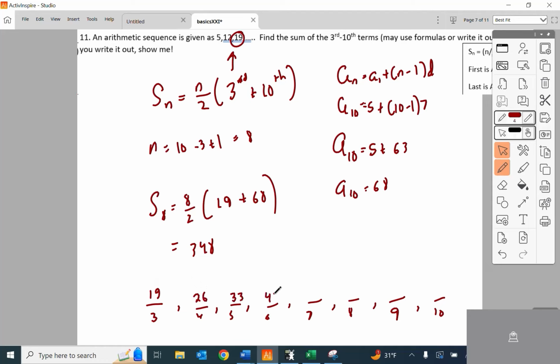We add 7 more. We're at 40, 47, 54, 61, 68. And then I just push buttons. The reason you have to write it out is because kids who write it out have more luck than kids who don't. And there you go. Add all that stuff together and you'll get 348.